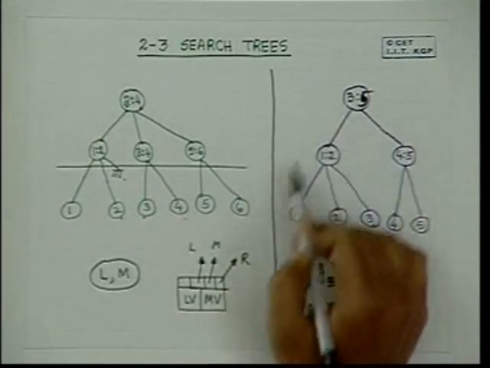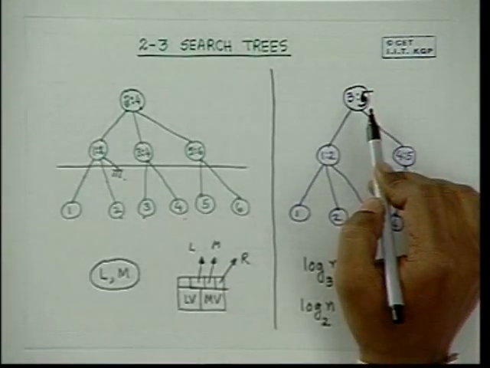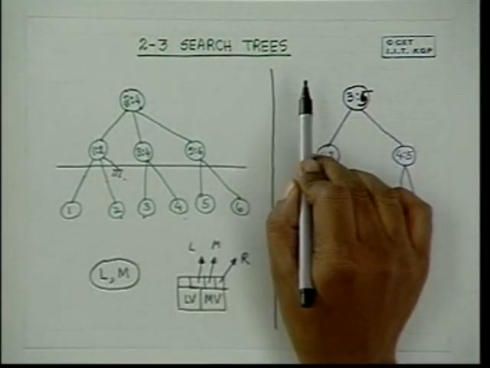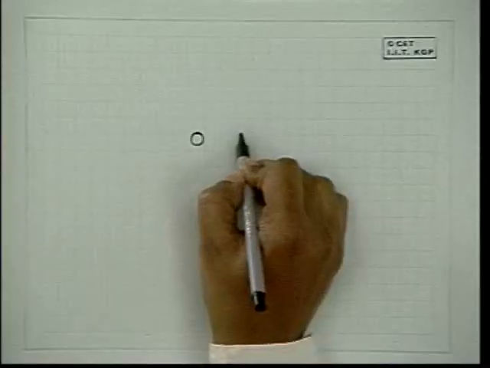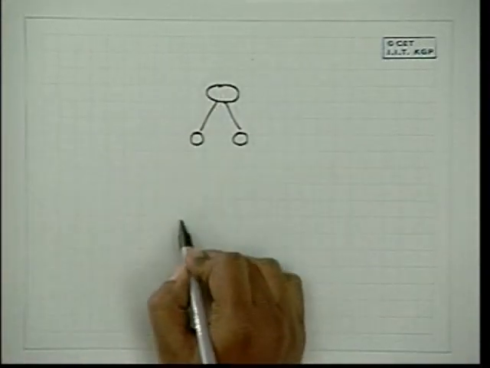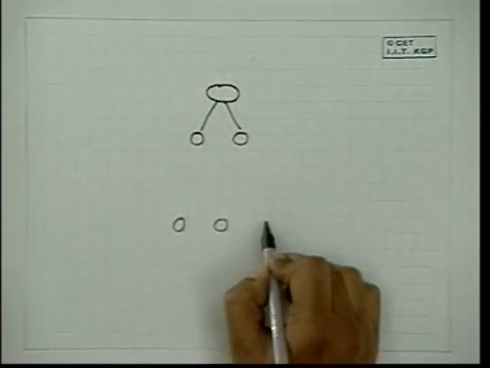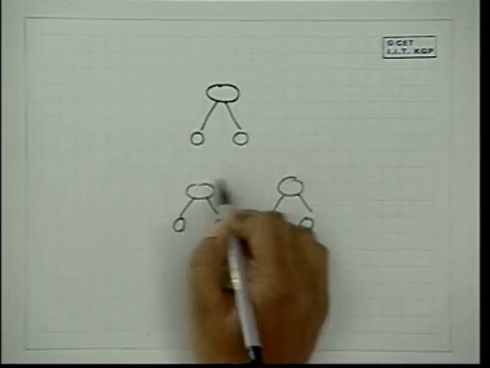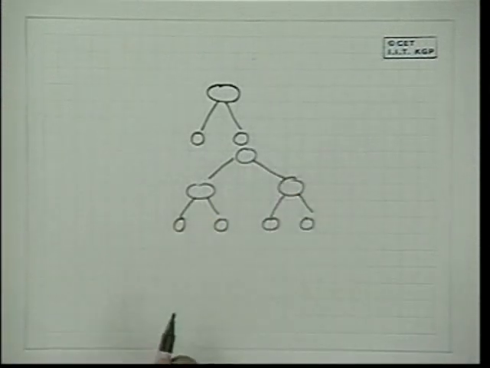Because in a binary tree, if all of them are 2, if there are n nodes, the height will be log n. Should I prove that? If there are 2 nodes, the height will be 1. In a binary tree, if there are 4 nodes, the height will be 2.